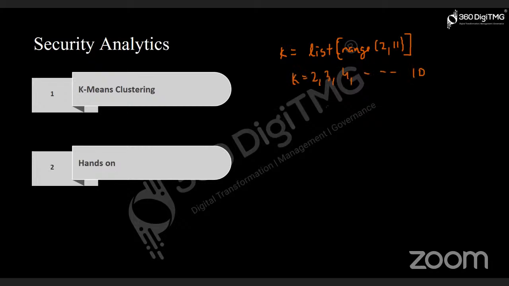Then you calculate the total within sum of square of these clusters, and then you plot it. So you get for 2, 3, 4, 5, 6, like that. So you plot a straight line from point to point.